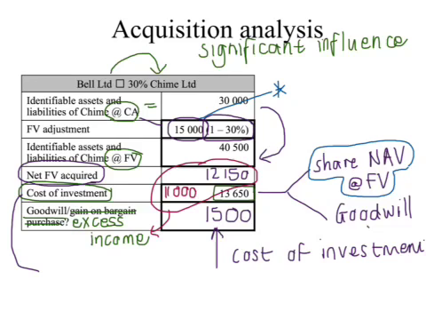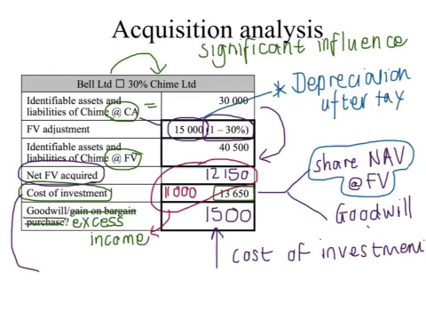So an adjustment will be made every year in our calculation of our share of the associate's profit and loss for this depreciation. So the extra depreciation relating to the fair value will reduce our share of the profit or loss of the associate. But remember, once again, because we work with an after-tax profit figure, our depreciation adjustment will also be an after-tax adjustment.